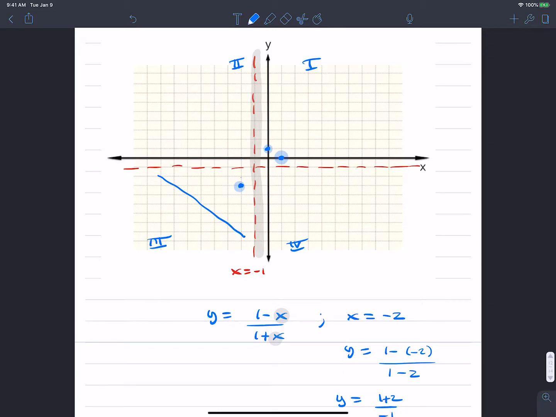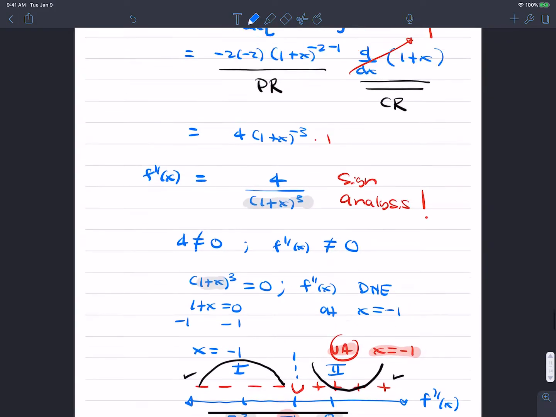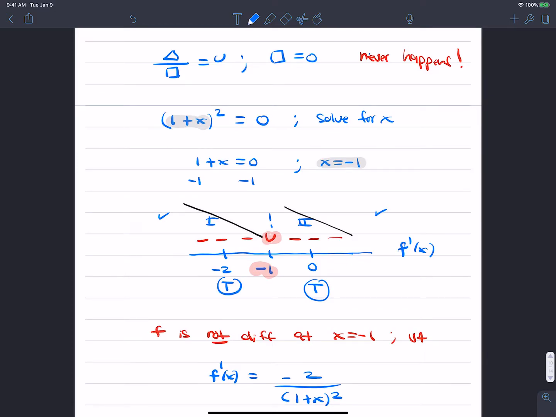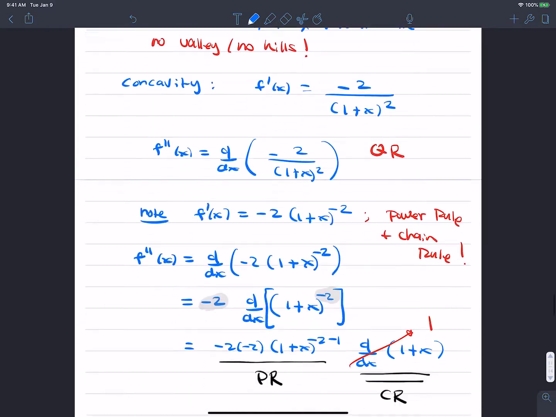And you know that your curve is in quadrant 1 because you have points up here in quadrant 1. But it's also decreasing in quadrant 1 here. So this is what this decreasing means here. This is what we're looking at: points to the left and then points to the right.